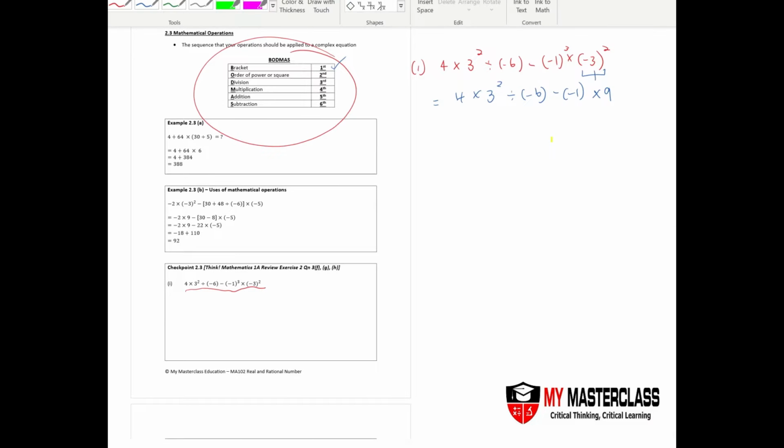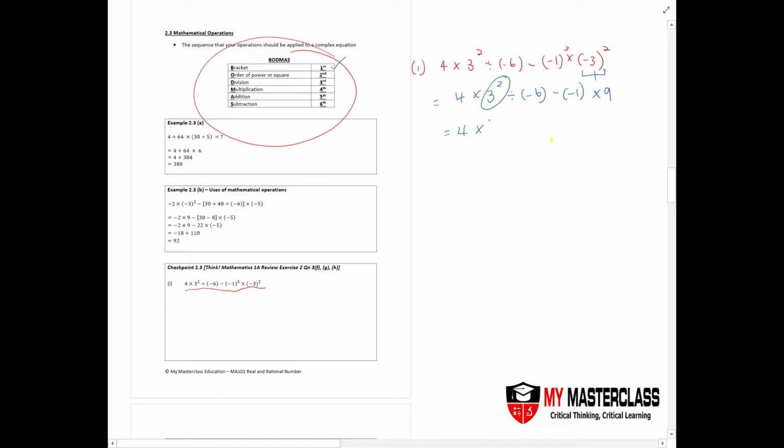Now once you're done, let's see what's the next one. Order of power and square. So you see, I actually did that. So I'll have 4 multiplied by 9 divided by negative 6 minus 1 times 9. Once I'm done, I will leave this number as the negative first.